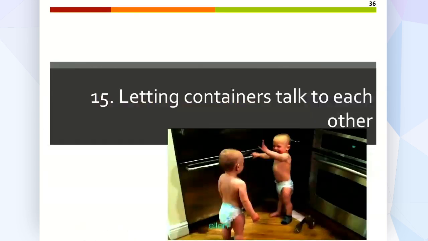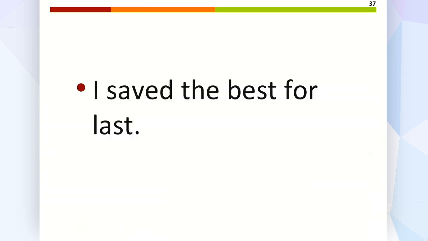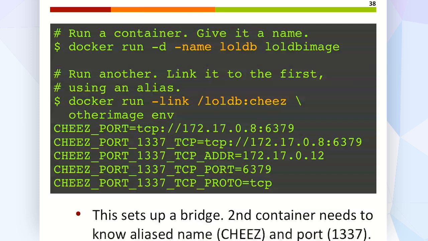Last one, letting containers talk to each other. This is the coolest. I saved the best for last. This is the hot new feature in 0.6.5. It's been touched on a couple times in the talks today already. You run a container, you give it a name.